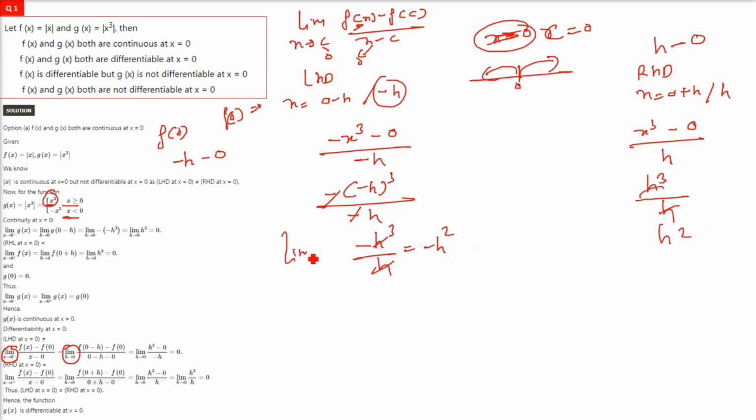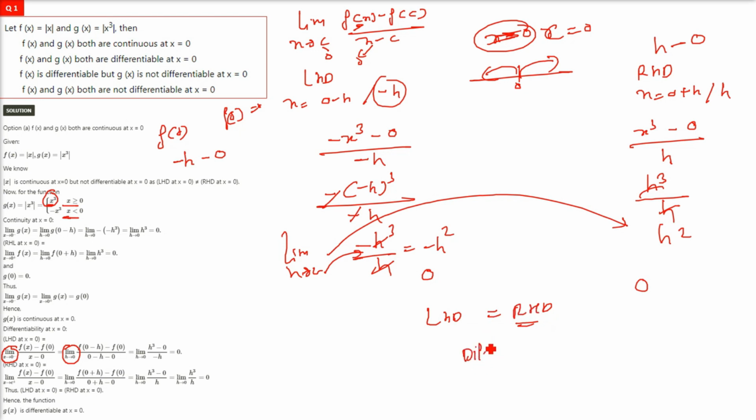And when you apply the limit h tends to 0, you are going to get 0 on both the sides. So left hand derivative and right hand derivative, they are matching. So you can say the modulus x cube is continuous also, differentiable also. Mod x is continuous but not differentiable. Accordingly, please choose the answer.